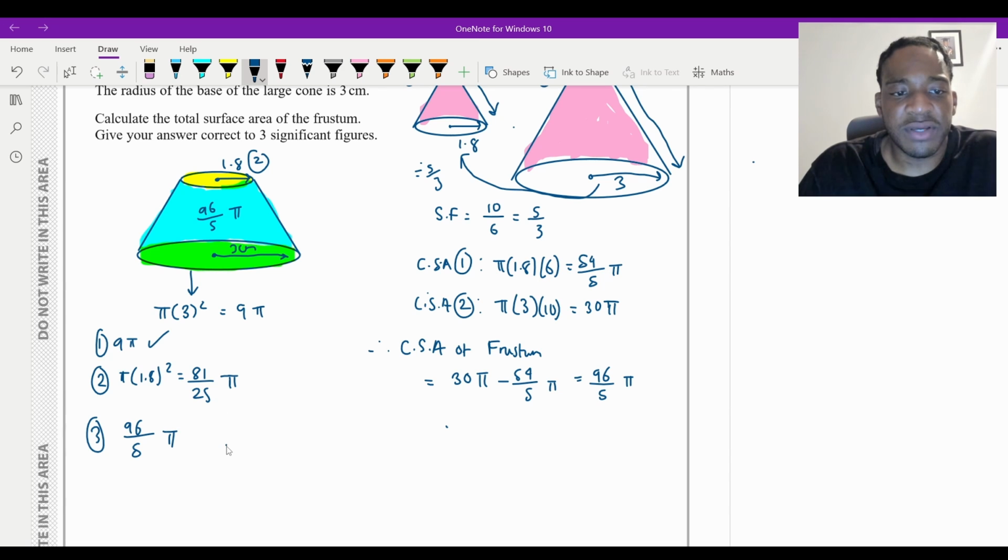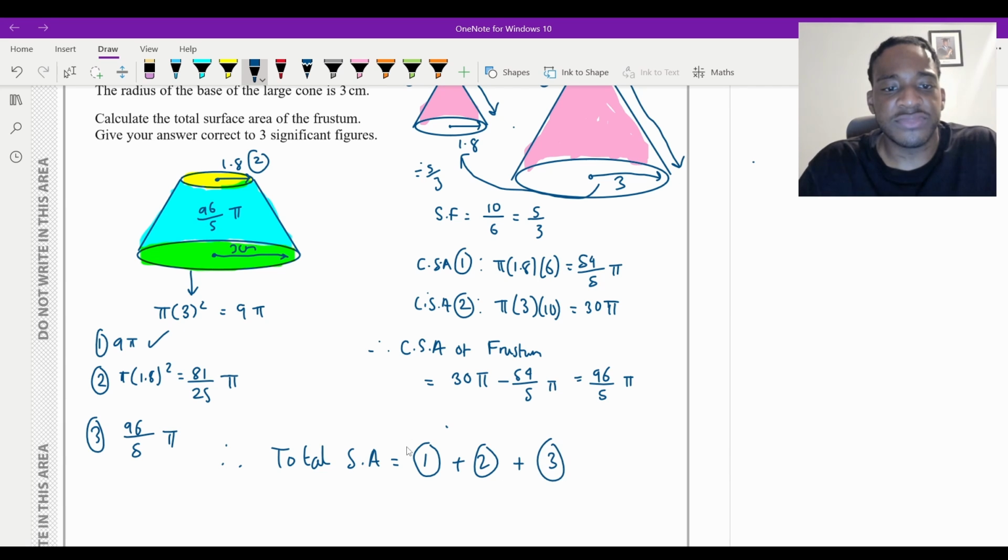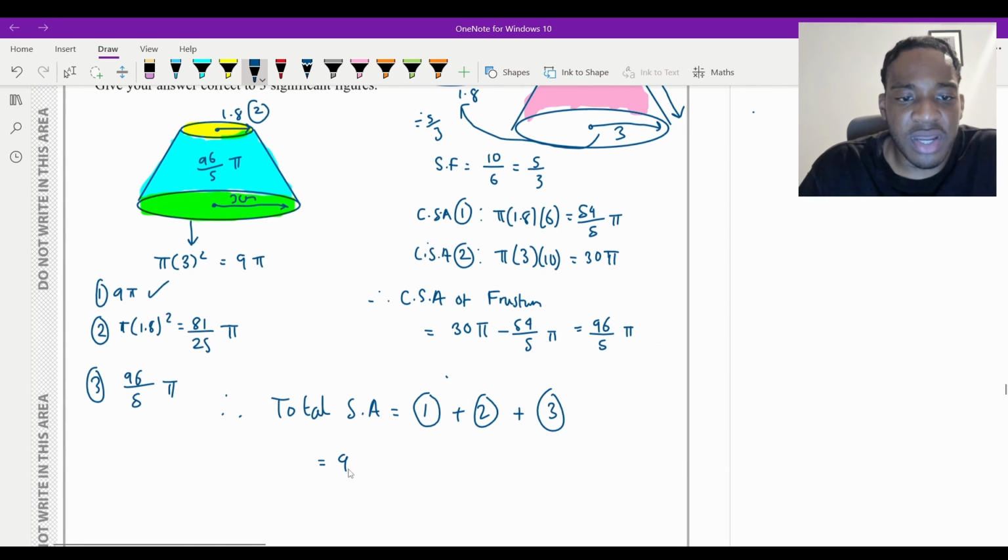So now we could say, therefore, the total surface area, SA, is just going to equal the area of number 1, plus the area of number 2, plus the area of number 3. And this is just going to equal 9 pi plus the 81 over 25 pi, and then plus the curved surface area in the middle, 96 over 5 pi.